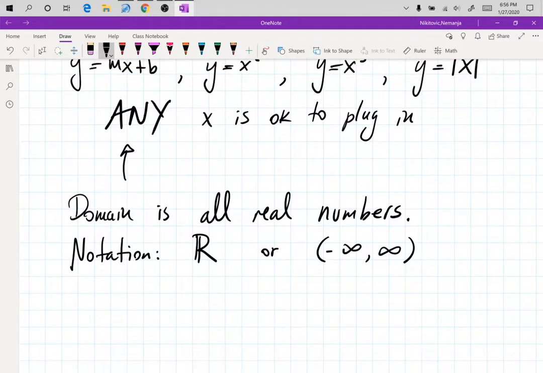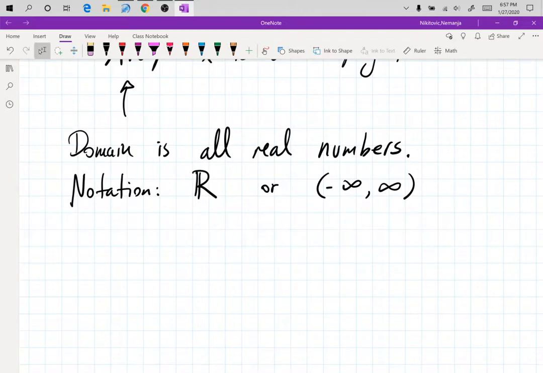And then we have situations where either one or a couple of numbers are not allowed, or even infinitely many numbers are not allowed to be plugged in. They will not return the y value. Here are some examples of that.